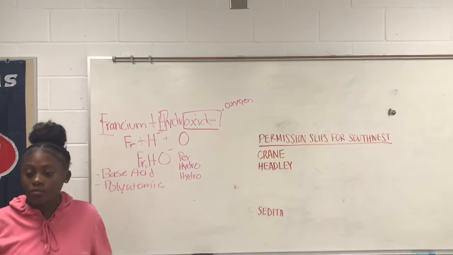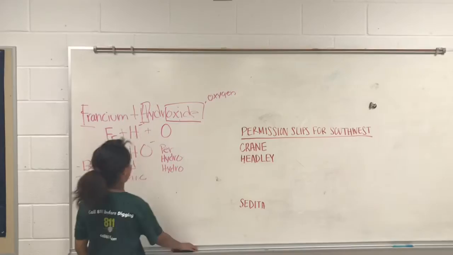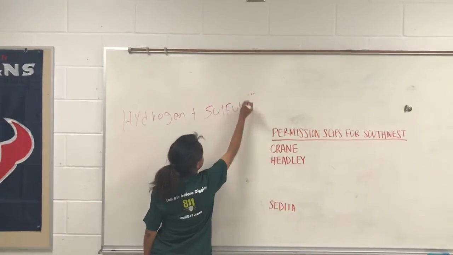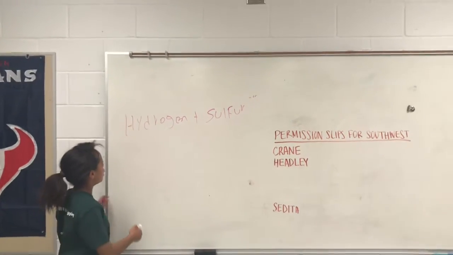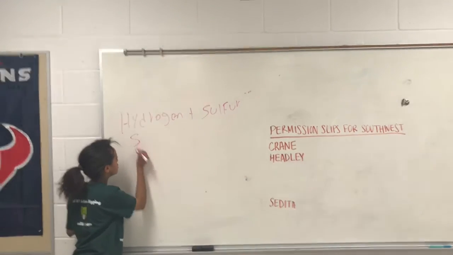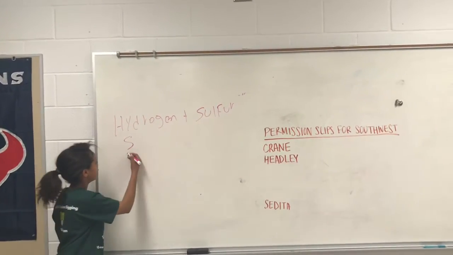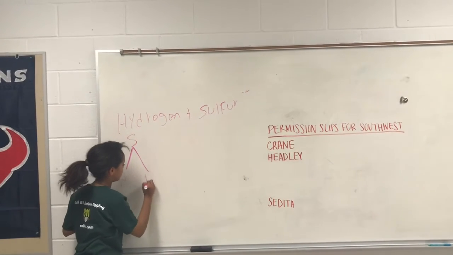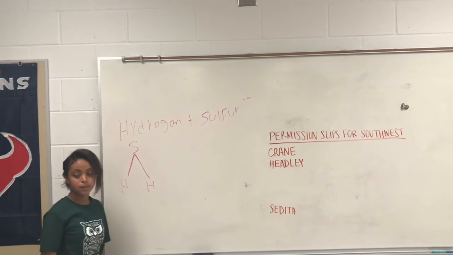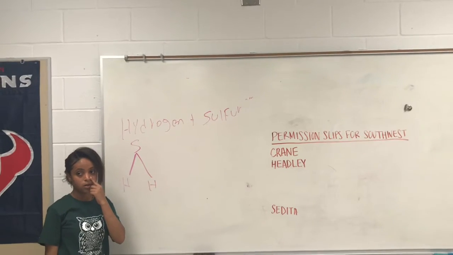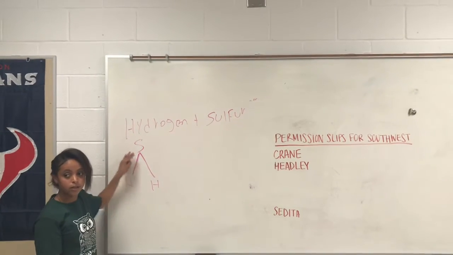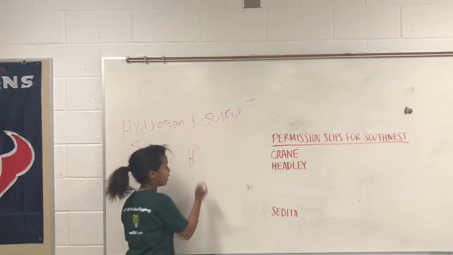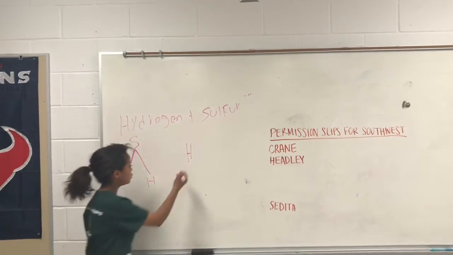And now we'll be doing hydrogen plus sulfur. Hydrogen is gonna be H, and sulfur is gonna be S, and it's gonna be crossed. This is for sulfur, and then for hydrogen, it's gonna be H2S.